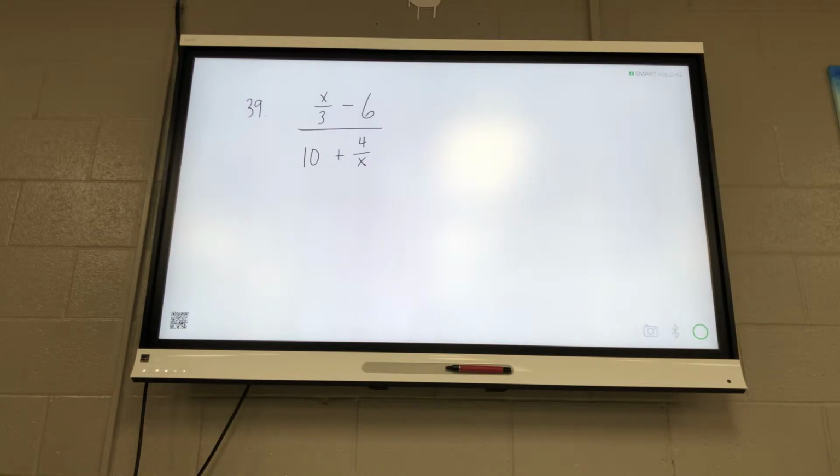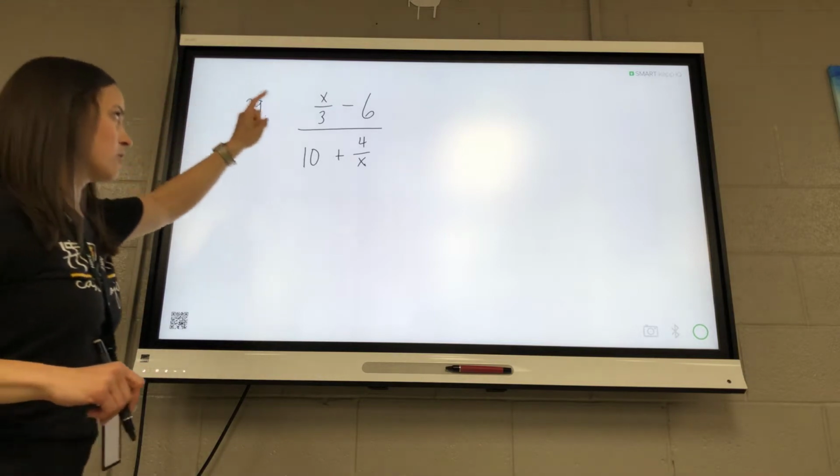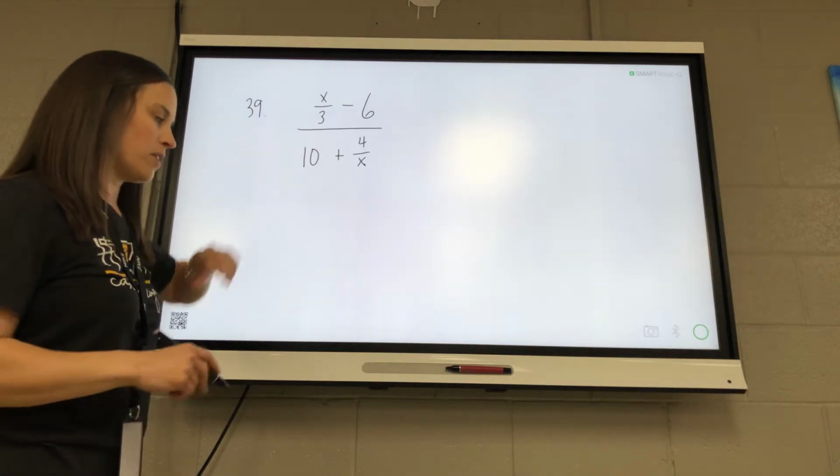These are called complex fractions, so they're fractions within fractions. To solve, we're going to multiply everything by the least common denominator and then simplify. So we have to look at the fractions within the fractions, look at those denominators, and find our least common.